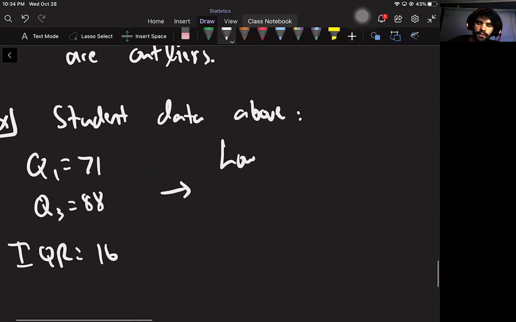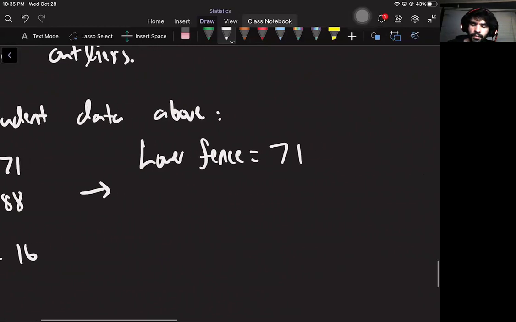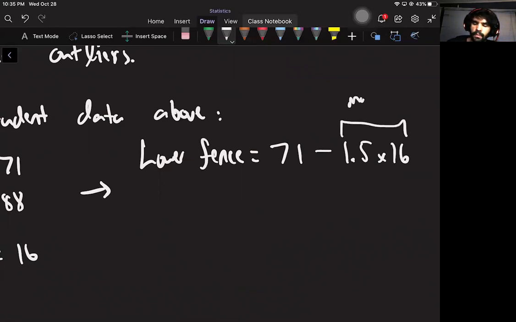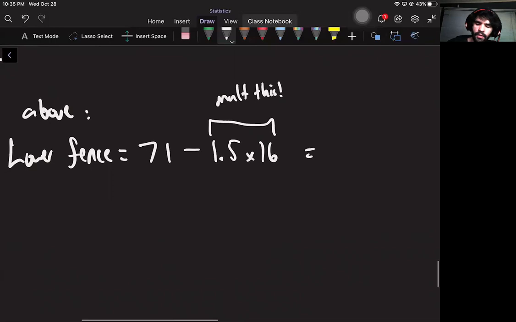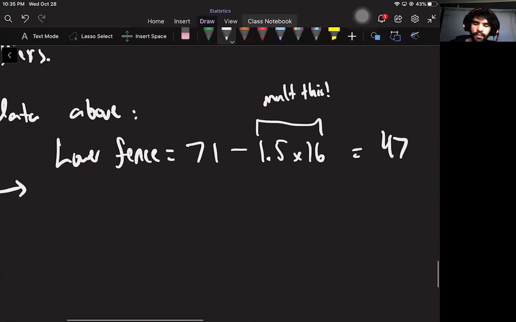The lower fence: 71 is pretty low, but outliers can go a little bit further. How much? Well, they can go 1.5 times the IQR more. So you multiply first, then you do the subtraction, and you'll end up with 47.